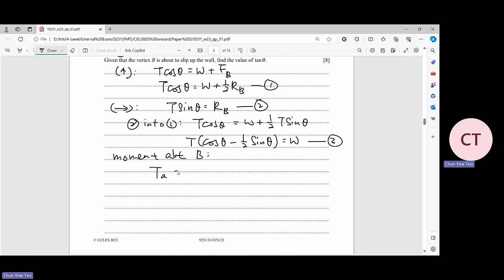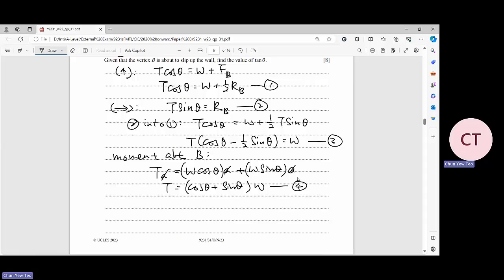So dA will be equal to W cos theta multiply A plus W sin theta multiply A. You can cancel all the A, factorize the W out, you get D is equal to cos theta plus sin theta, W. That is equation number 4.